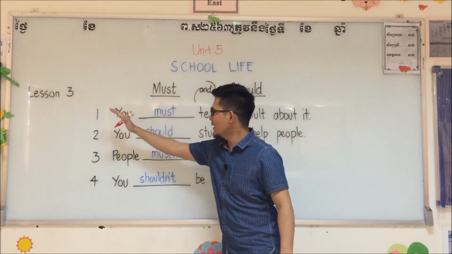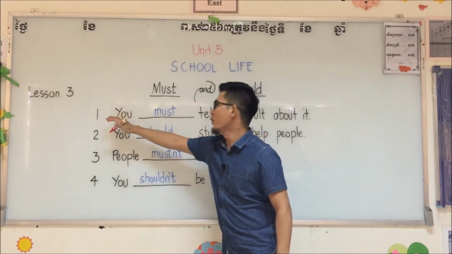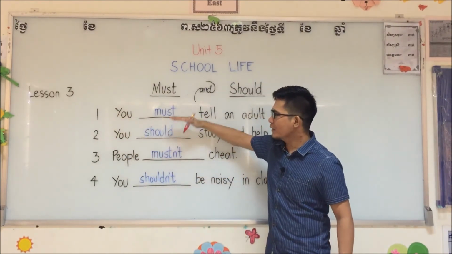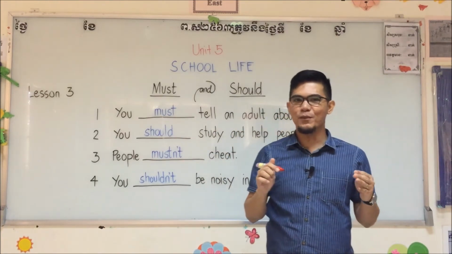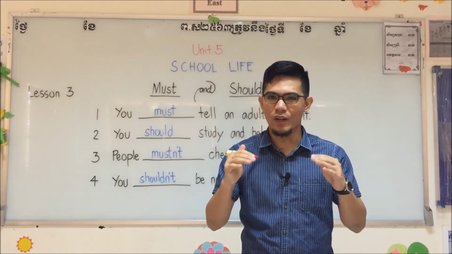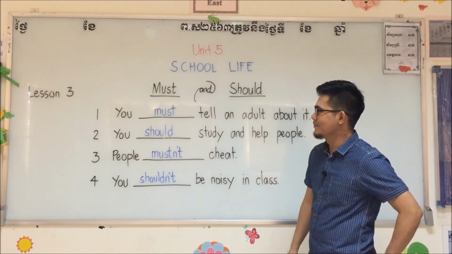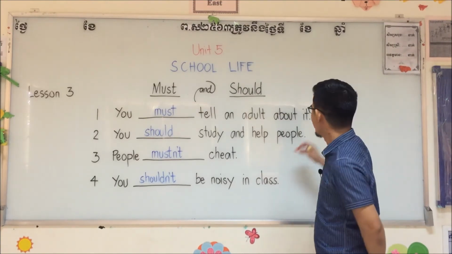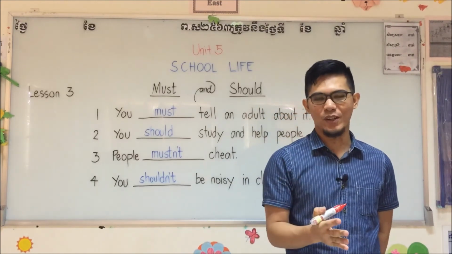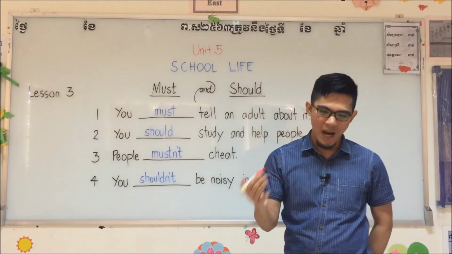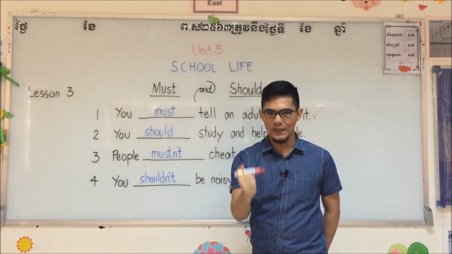It's number 1 or 2. Just choose between 1 or 2. Which of these 2 sentences specifies rules or strong obligation? Must. Therefore, we use must for rules and strong obligations.